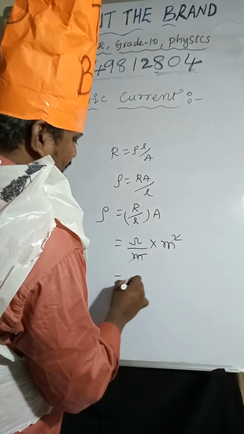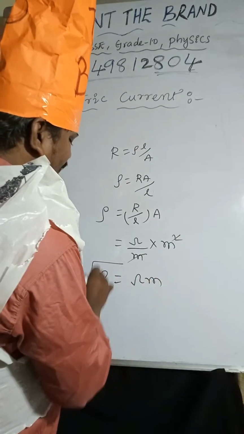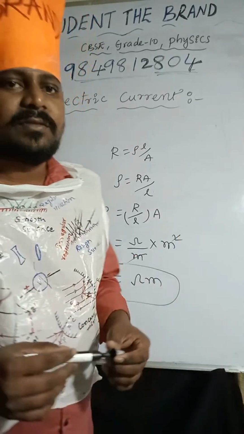Meter gets cancelled, so SI unit of resistivity is ohm meter.